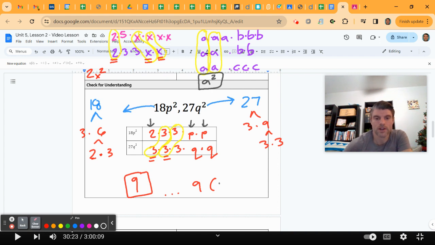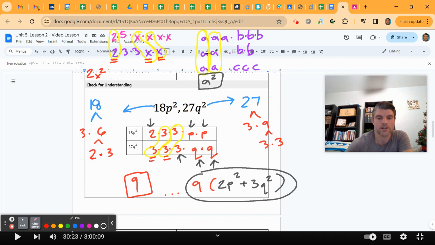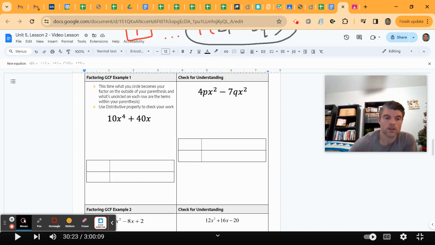So all you're going to do is write 2p to the second power, put a plus sign since the next one's positive. What's left over? 3q. So it's 3q squared. So eventually you're going to have to know how to do this, which is called factoring out the GCF. Hit pause if you need to.